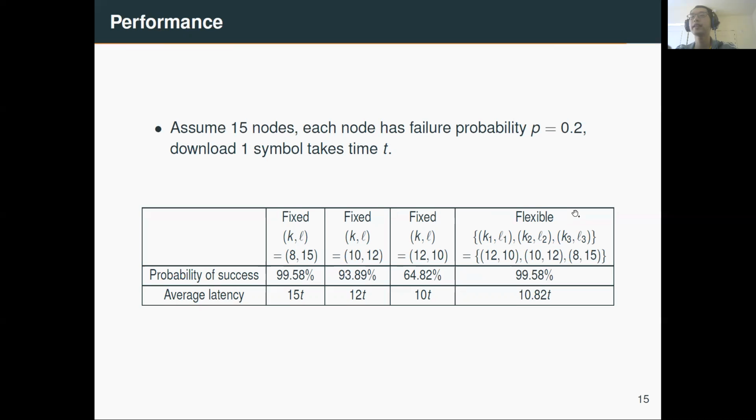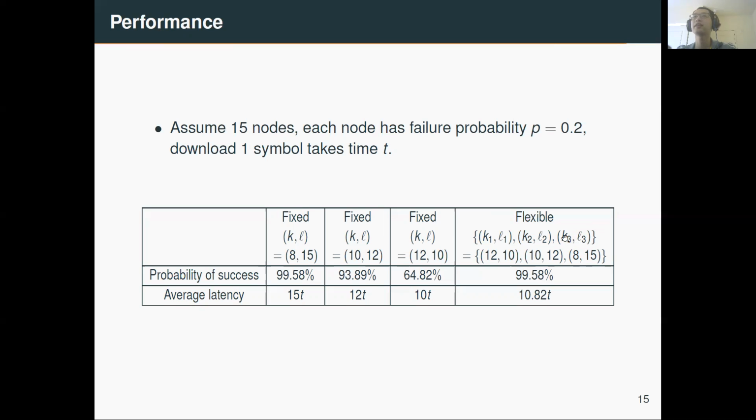Alternatively, we can apply our partial MDS code construction. In this case, we have three layers. The first layer is k1 equal to 12 and l1 equal to 10. The second layer is k equal to 10 and l equal to 12. And the third layer is k equal to 8 and l equal to 15.